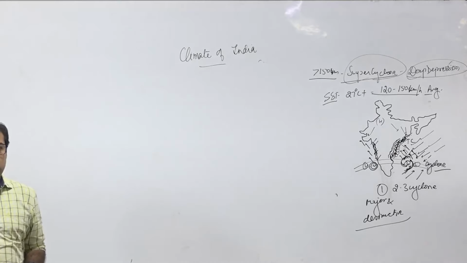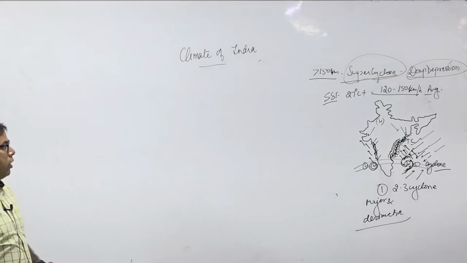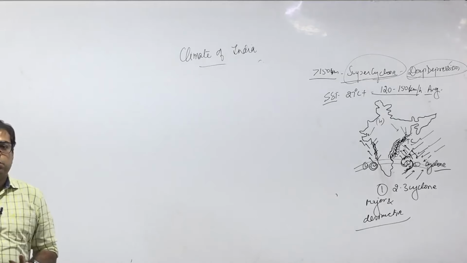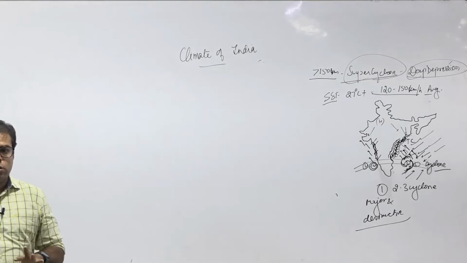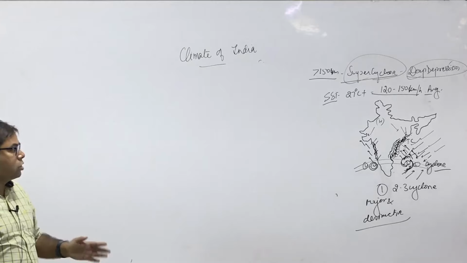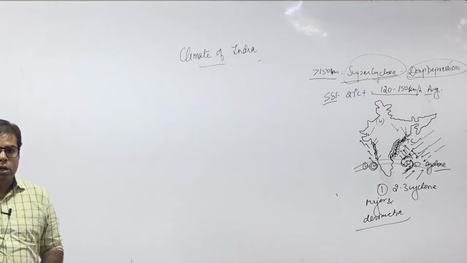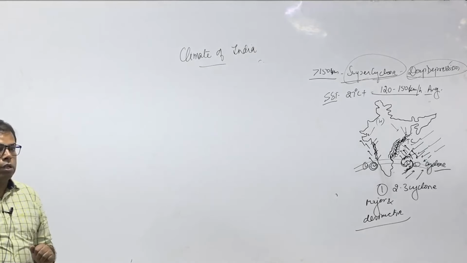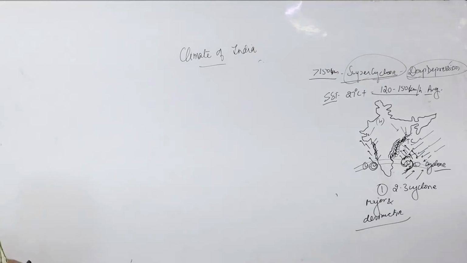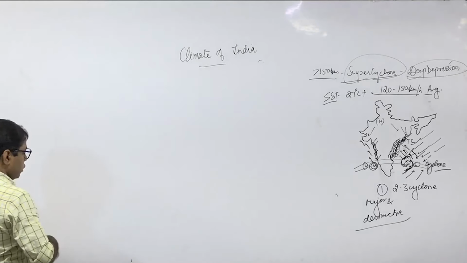Cyclonic flood. The coastal areas of India do not get much monsoonal rain. So, the coastal areas, particularly the east coast of India, are affected by cyclonic floods because of torrential rain. Clear?